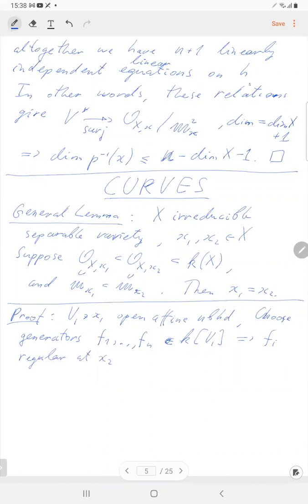Okay, and let's take a neighborhood V2 containing x2, where all these f1 and so on, fn, really are regular.